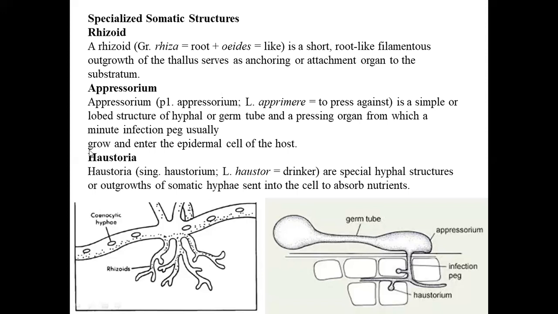Now the last structure, that is haustoria. Haustoria are special hyphal structures or outgrowths of somatic hypha sent into the cell to absorb nutrients.